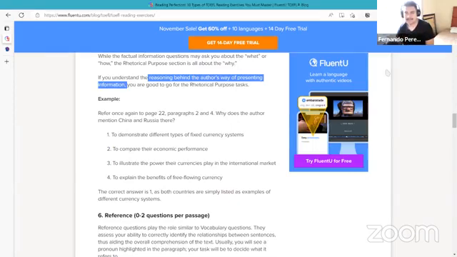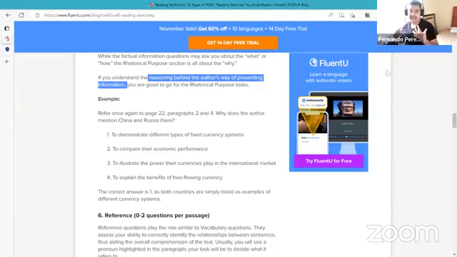If you have done a TOEFL before, you can see where the mistakes were in particular, what you didn't pay attention to, and what you need to pay attention to. That's the most important part.